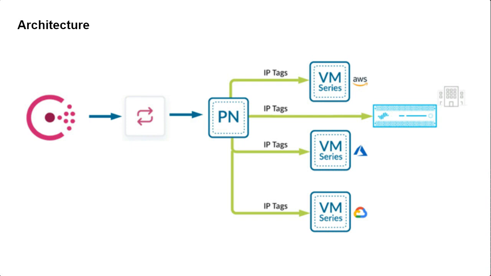And one of the key features that we're using, which comes out of the box, is the User-ID interface. So every update that Consul-Terraform-Sync pushes to Panorama, we have the capability to push those tags down to all the firewalls managed by Panorama at that point. Not only firewalls actually managed by Panorama, as long as you configure that firewall to talk back to Panorama and consume the tags as a User-ID agent, you can still leverage this Panorama.